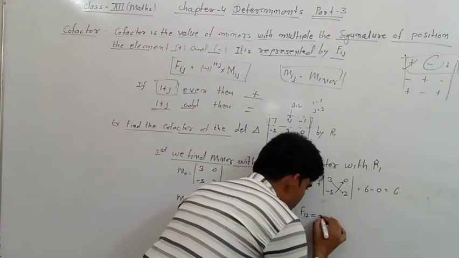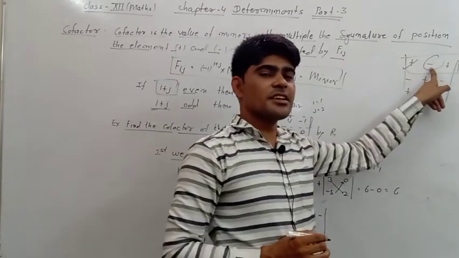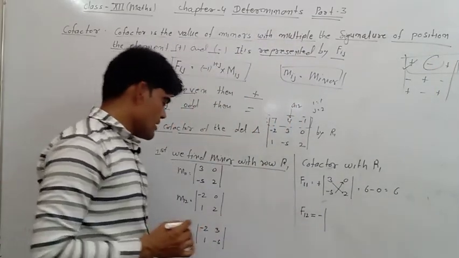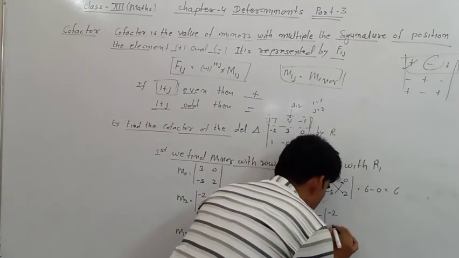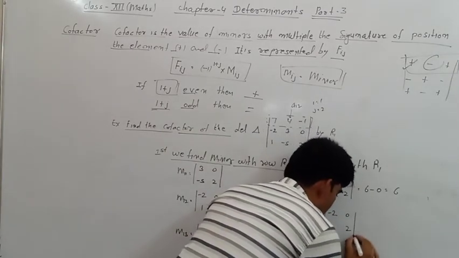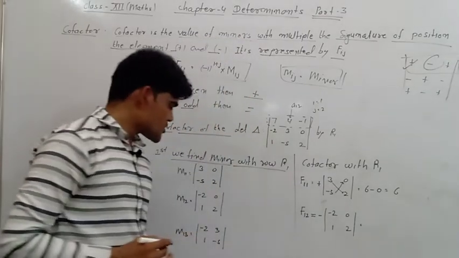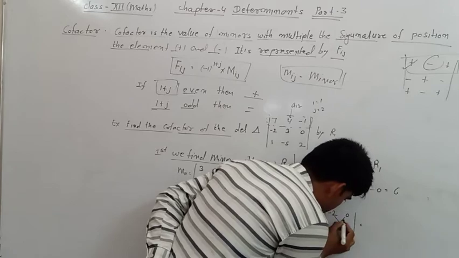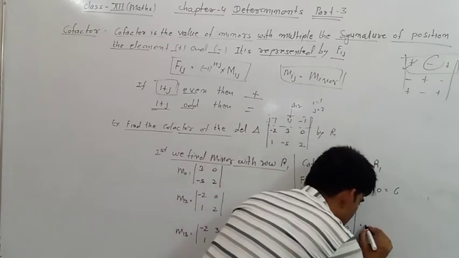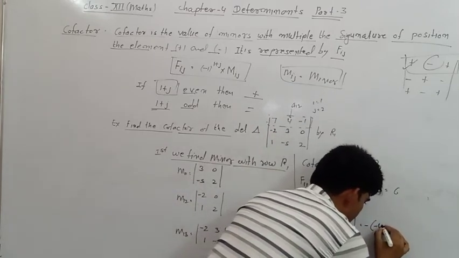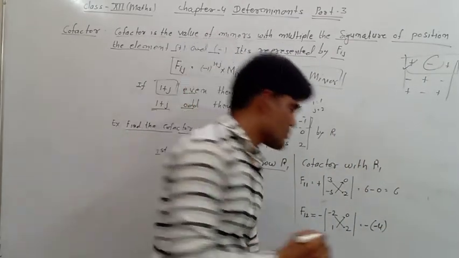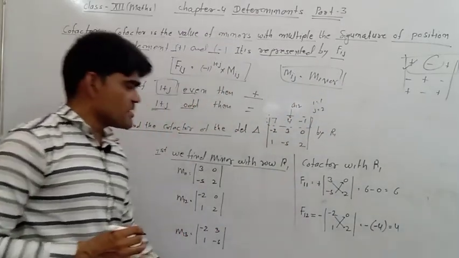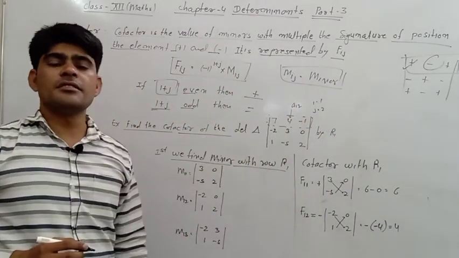The minor is minus 2, 1, 0, 2, which equals minus 2 multiplied by 2 minus 1 multiplied by 0. Then we get minus 4. Minus into minus 4 equals plus 4. This is positive 4.